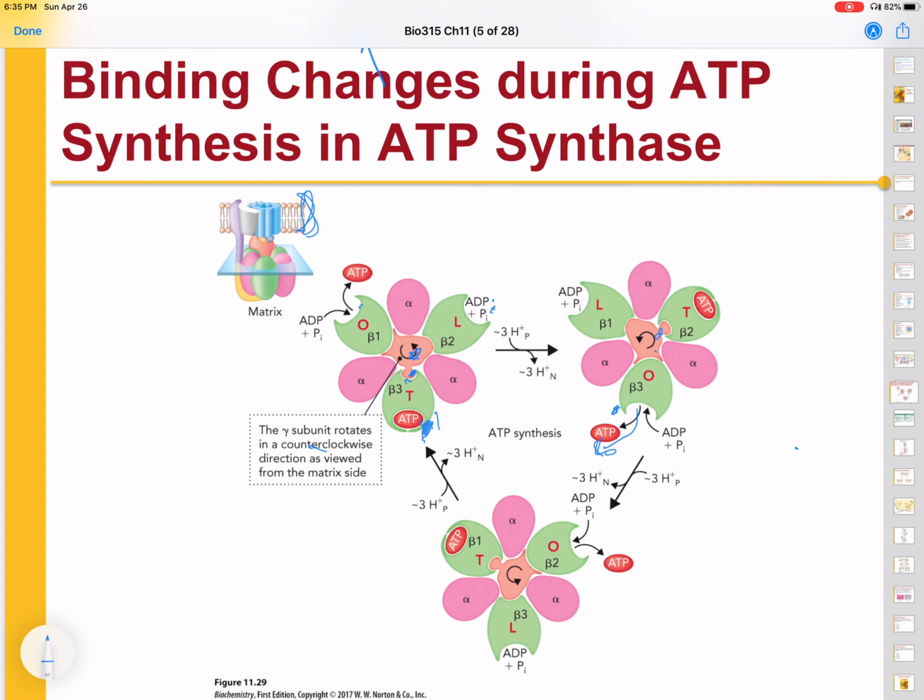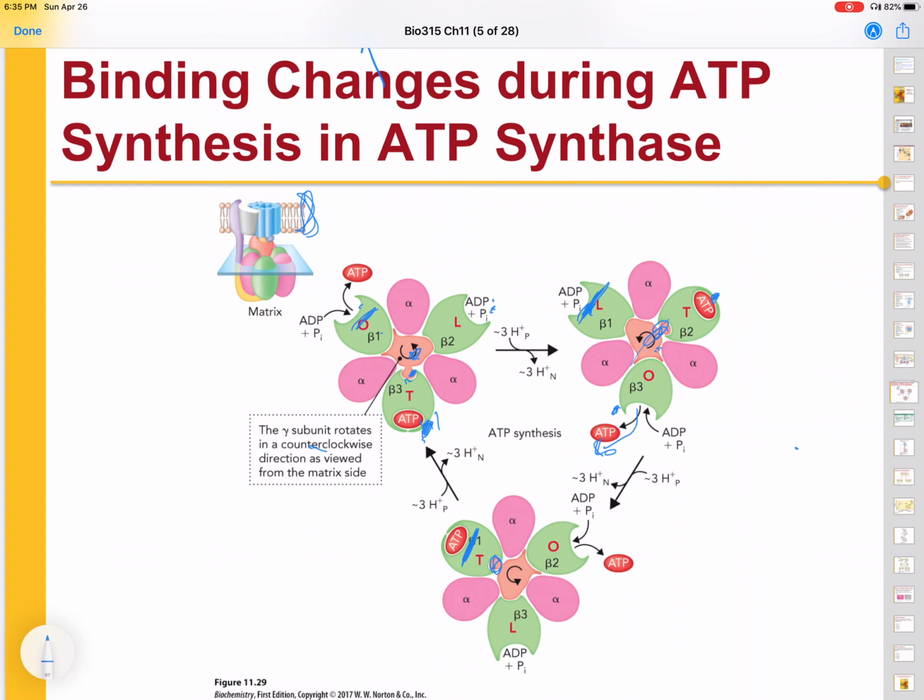This ADP is converted to ATP, and then this space, which is empty, binds ADP and inorganic phosphate. And then gamma moves again. So note gamma moves from here to here, and then this ADP and inorganic phosphate is converted to ATP.